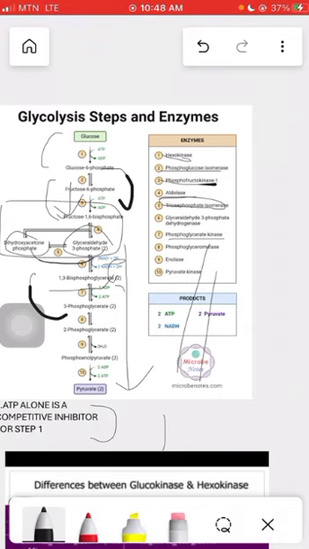So put that in mind. The payoff phase, I said that we are going to produce 4 ATPs. And now we are producing the first ATP. And note that everything is times 2, meaning that we are producing 2 ATPs at the 7th step.